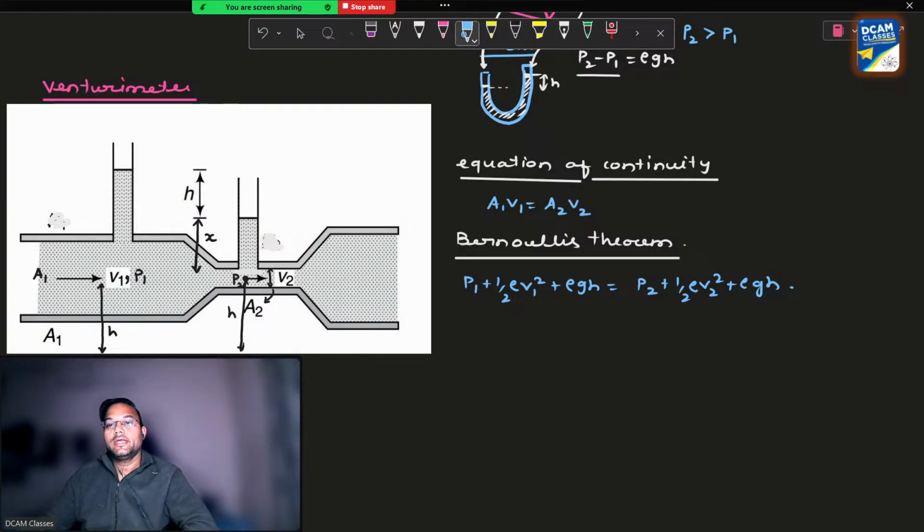Okay, anyone having doubt anything? No, na? Clear? Now tell me, can I find one relation between pressure P1 and P2 in terms of H and X?